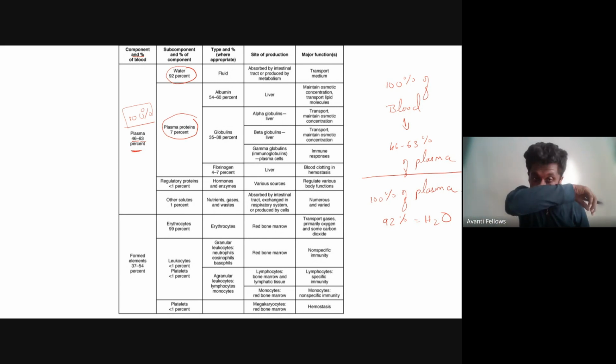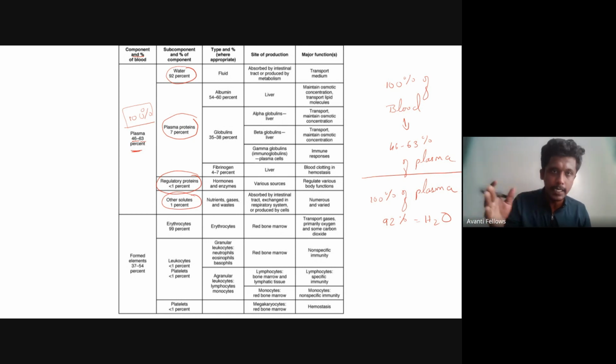And then we have around 1% of some proteins, called regulatory proteins, and there are some solutes present in our plasma. So what is important? Highest volume is water, 92%, and next come the plasma proteins, very, very important. So that is the composition of the plasma.